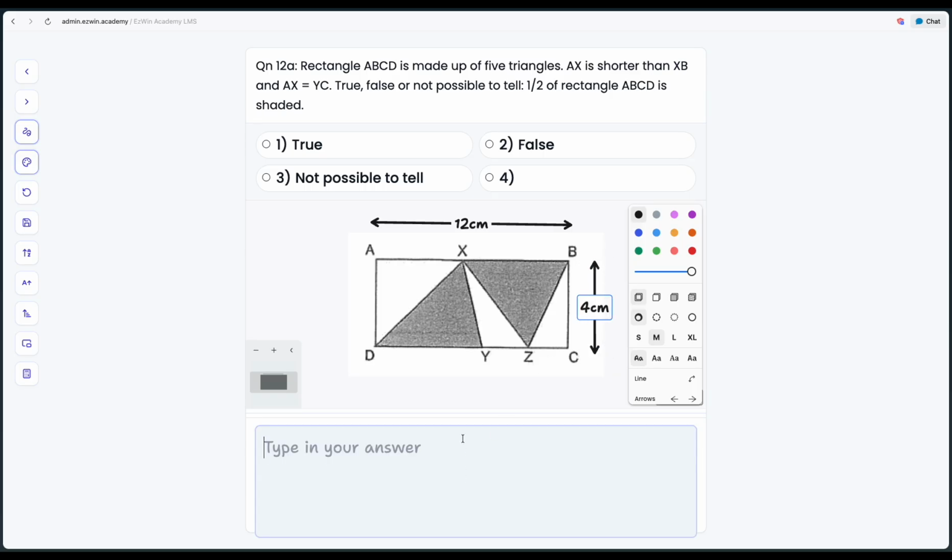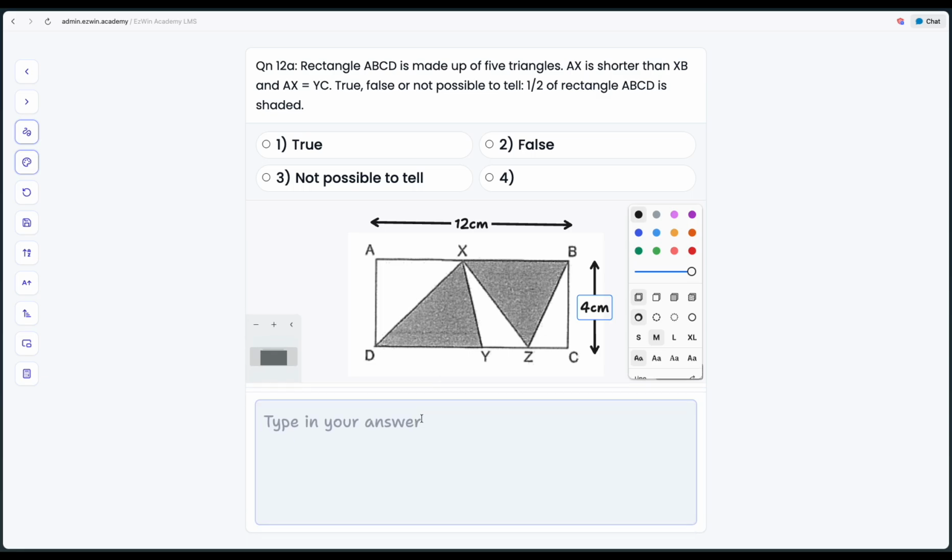So let's assume that the rectangle length is 12 centimeters and breadth is 4 centimeters, because we can use these numbers to see whether this statement and the other statements are either true, false, or not possible to tell.